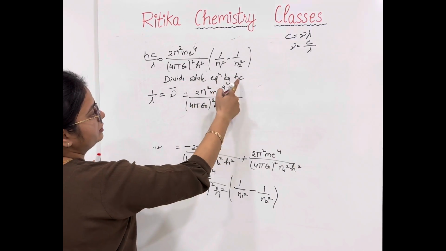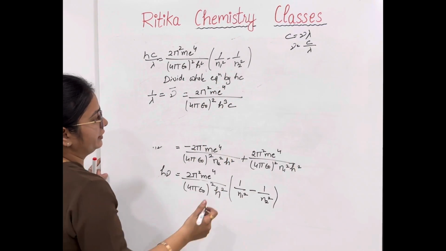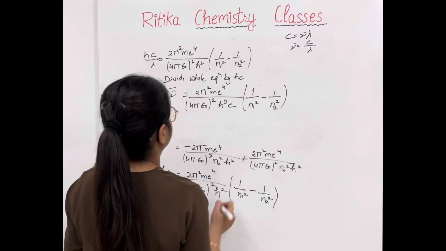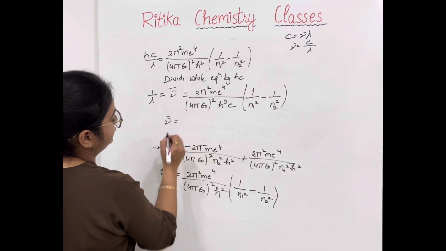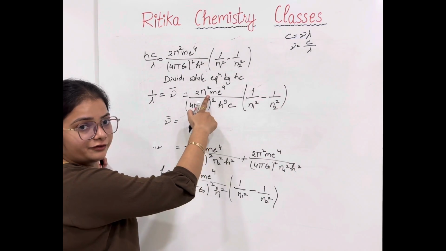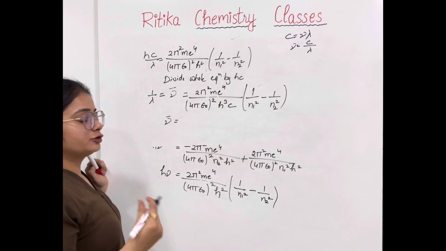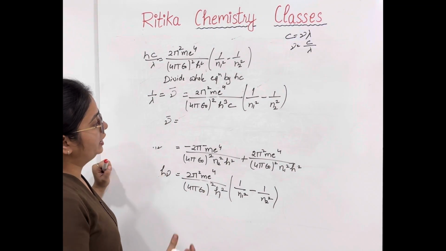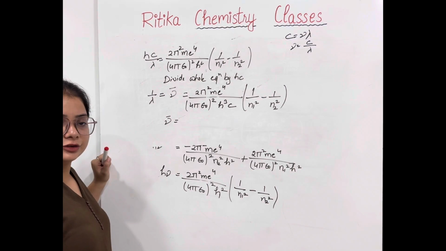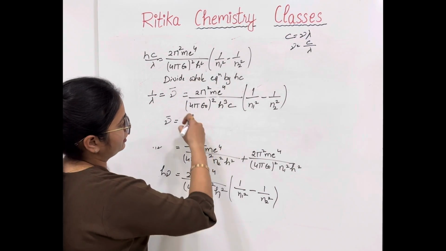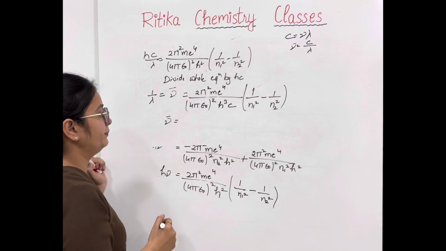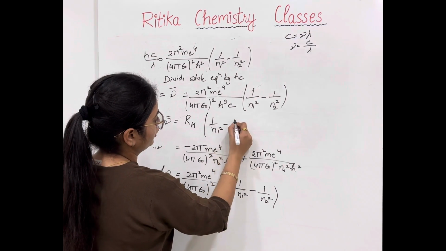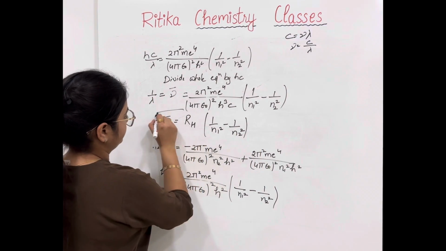Here it is h square, so it will become h cube into c, into 1 upon n1 square minus 1 upon n2 square. So nu bar is equal to, you know, m is the mass of electron, which is constant, e is the charge on electron, which is also a constant value, 4 pi epsilon naught is also a constant value, and h and c, you also know that these are all constant values. So this whole term is some constant, and this constant is represented by RH, known as Rydberg's constant.